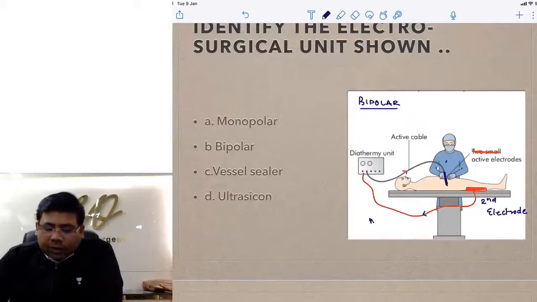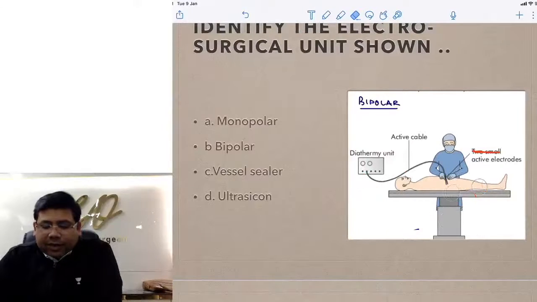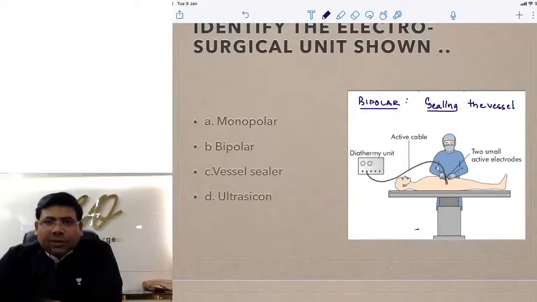Monopolar and bipolar, you have to understand, because they are completely different technologies. When we use monopolar and when we use bipolar, I'm going to explain in detail and depth to all of you. Bipolar is used to seal the vessel.